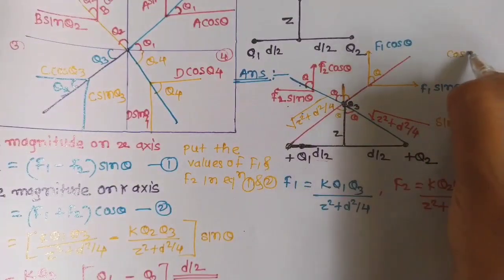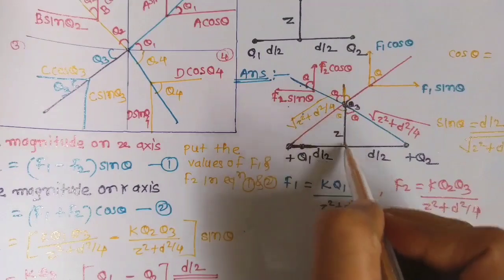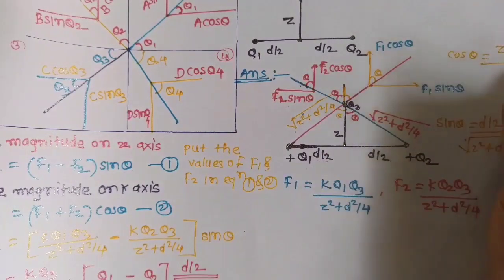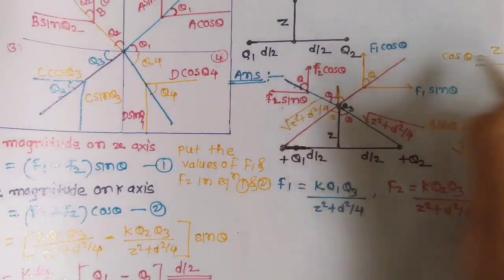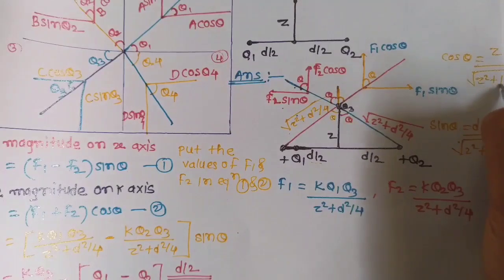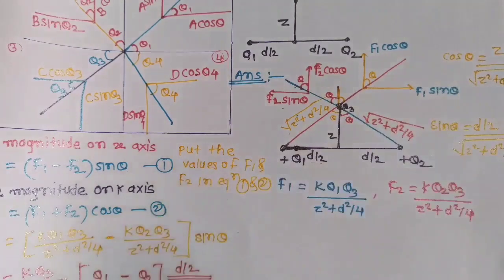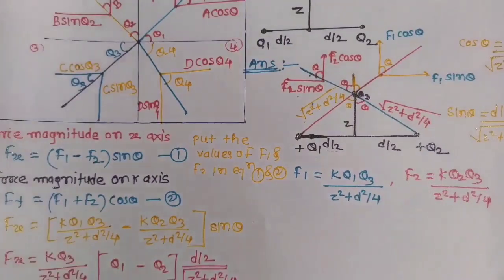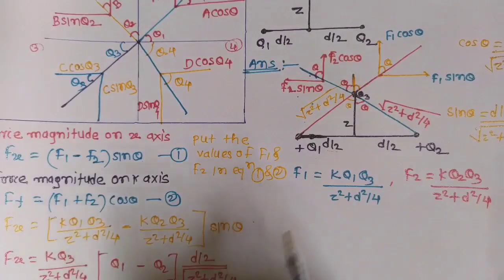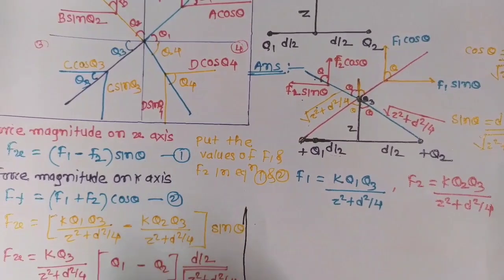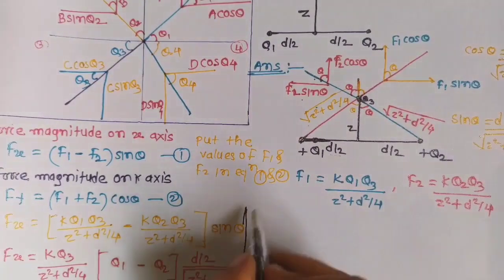And what is the cos theta? Cos theta is the adjacent side upon hypotenuse, that is adjacent side is z upon hypotenuse, which is under root z square plus d square by 4. So we put the value in equation number 2.